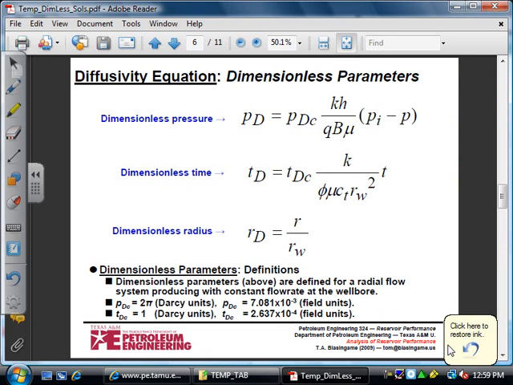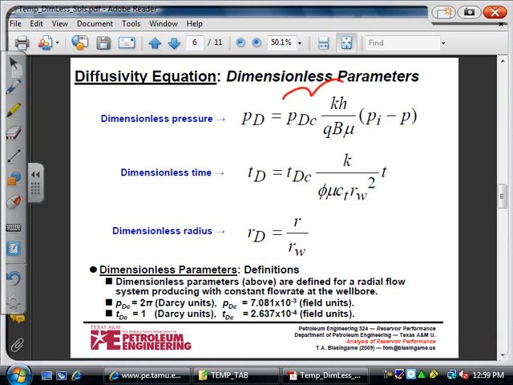But before that, if you use the definitions, these will be your dimensionless pressure, time, and radius values. Okay? And this is defined, the dimensionless pressure, for the constant rate at the wellbore. Okay? So don't forget that.